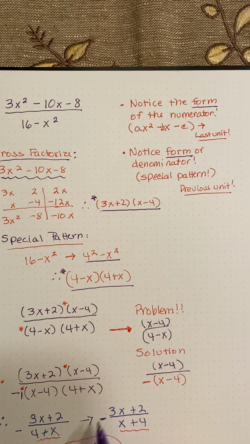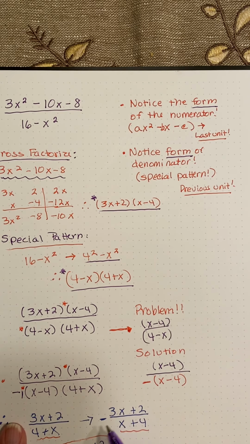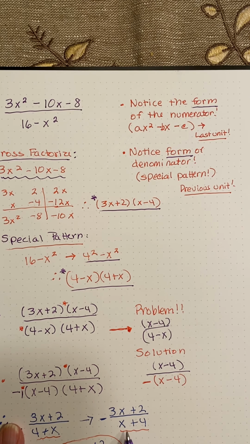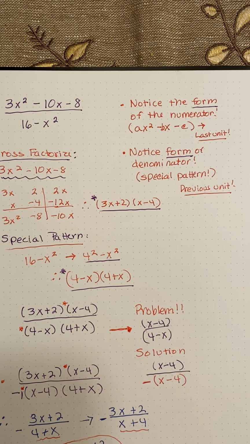So that just makes the whole thing negative with 4 plus x. Since the whole thing is negative and this is a 4 plus x, to get it in the right form, I can just flip them because they're both positive. So I just flip them, x plus 4. So my answer is negative 3x plus 2 over x plus 4.